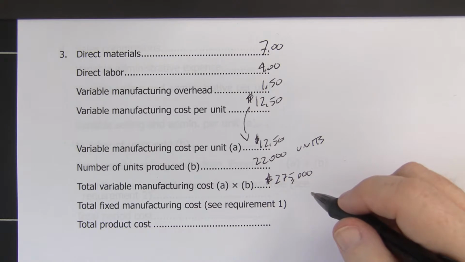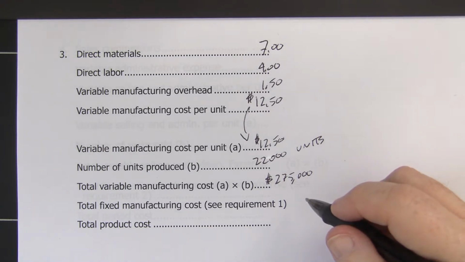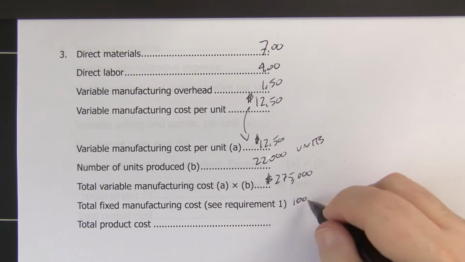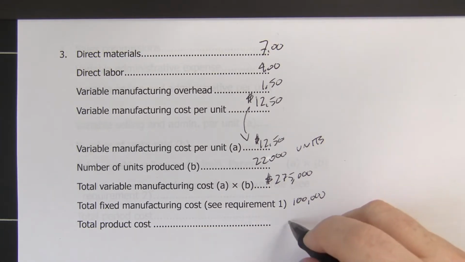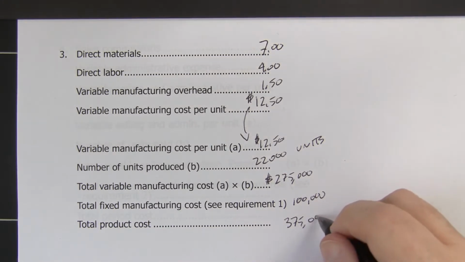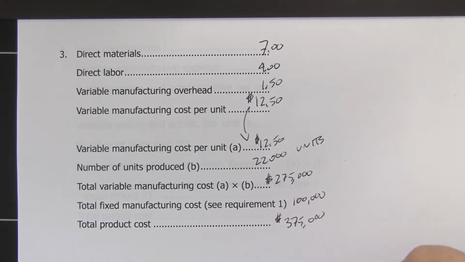Our total fixed manufacturing cost, we got that from before. We came up with $100,000, if you remember right. So our total product cost for 22,000 is $375,000. And if you divide that out, you'll find that it's less per unit.